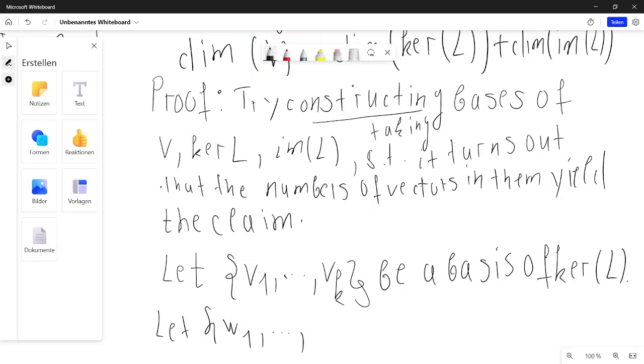All right. So this is finite, and so we can write pretty casually: this is W1 to WL, a basis of the image of L.